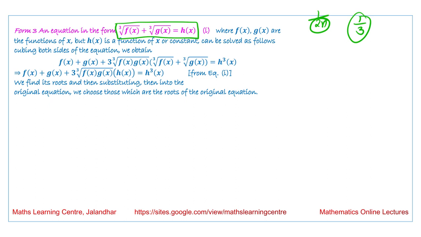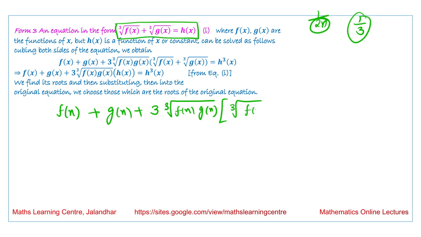In this case, if we cube both sides of the equation, we will get f(x) plus g(x) plus 3 times cube root of f(x) into g(x) into cube root of f(x) plus cube root of g(x), equal to h cube of x.